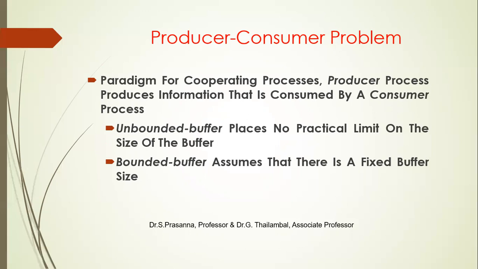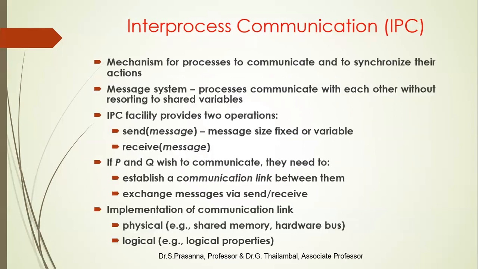There is no condition. In a bounded buffer, the producer produces every day with a condition, for example only 10 items per day. Even though they are consumed or not consumed, he will stop production. That type of production based on some condition is called a bounded buffer.